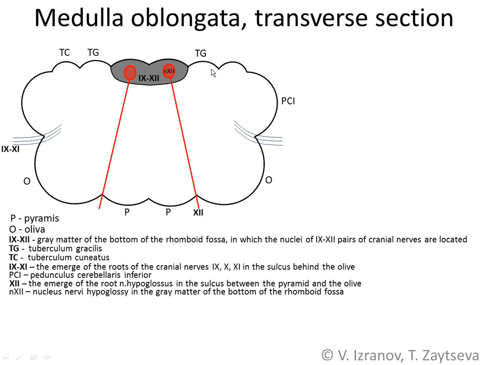So you can see that this nerve has the bodies of the neurons which are located dorsally in the dorsal part of medulla oblongata, and then it passes through all thickness of the brainstem, and the roots appear on the ventral surface.